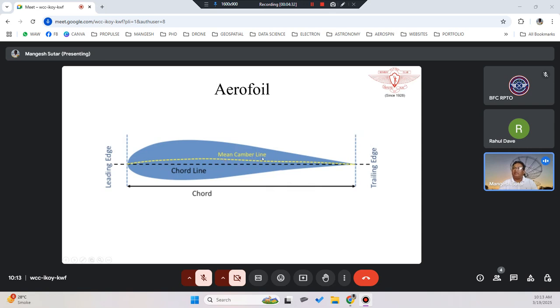The distance between the leading edge and the trailing edge is called the chord. This chord is very important, as we have seen, it helps to understand the angle of attack.